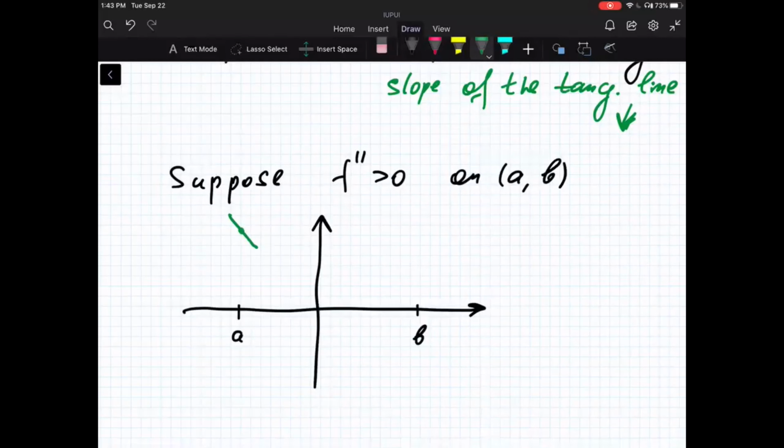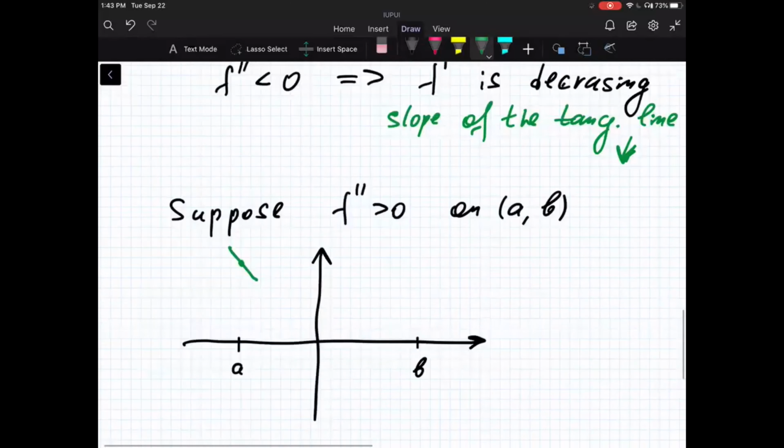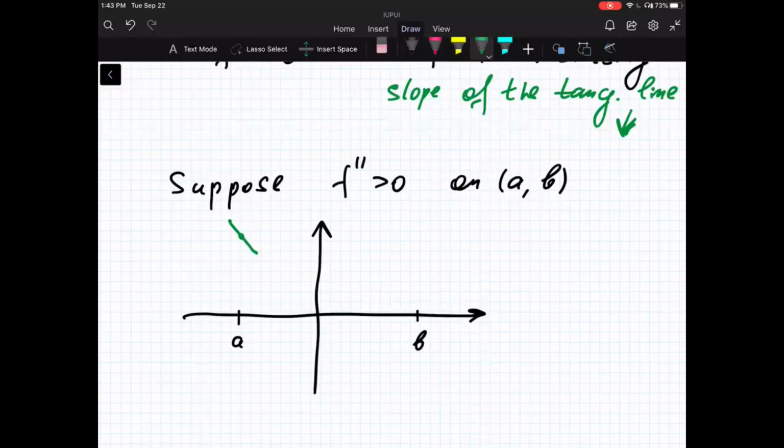This is the slope of the tangent line at point A. Then, since the second derivative is positive, the slope of the tangent line should increase. So here it was negative. It means that it becomes more like this at this point. And then it should become horizontal at this point. But then it should continue increasing. The slope is increasing, and it becomes like that, and then like that.